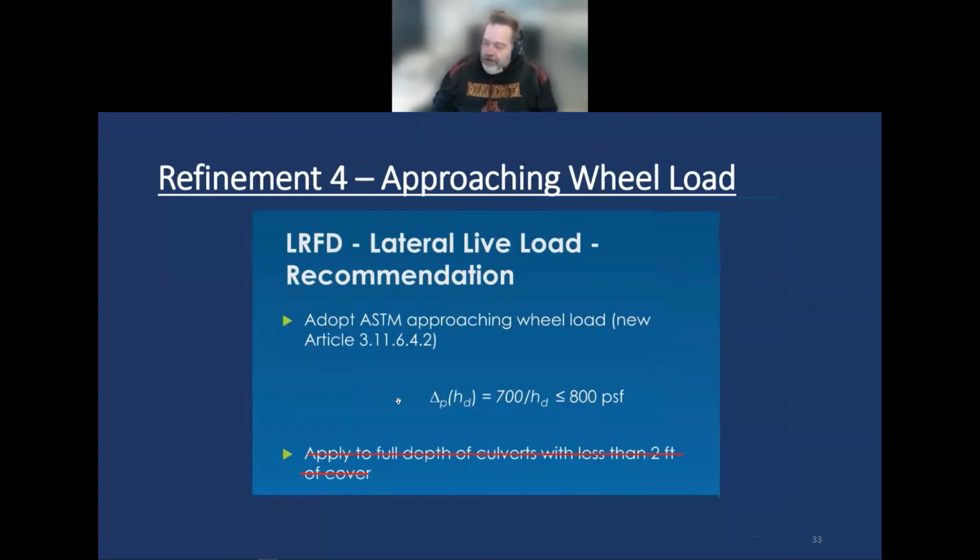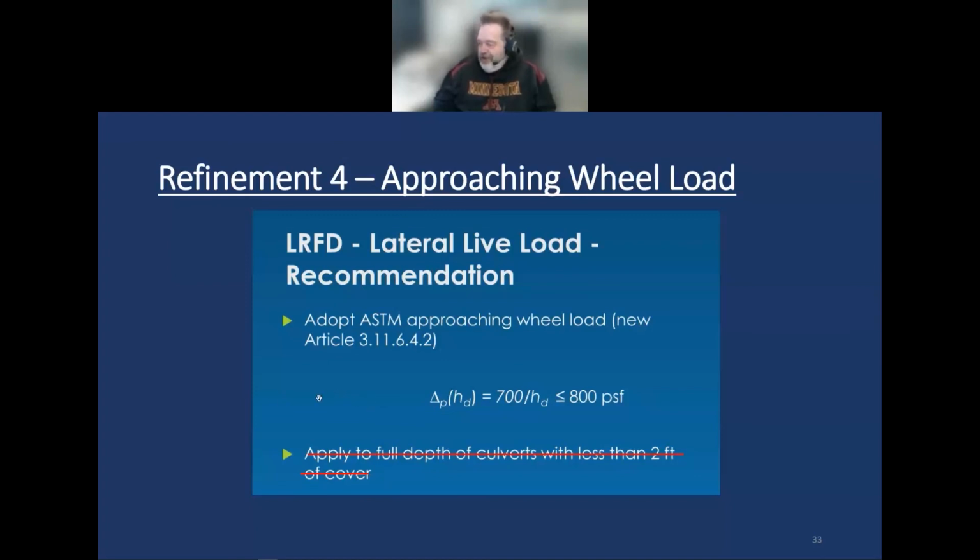The guys in the NCHRP project were pretty bold, I'll give them that. They recommended using the approaching wheel load for culverts with fills less than 2 feet, and you would apply that lateral load the full height. Then they said that if you've got more than 2 feet of fill, say 2.5 feet of fill, you don't even need to worry about lateral live load.